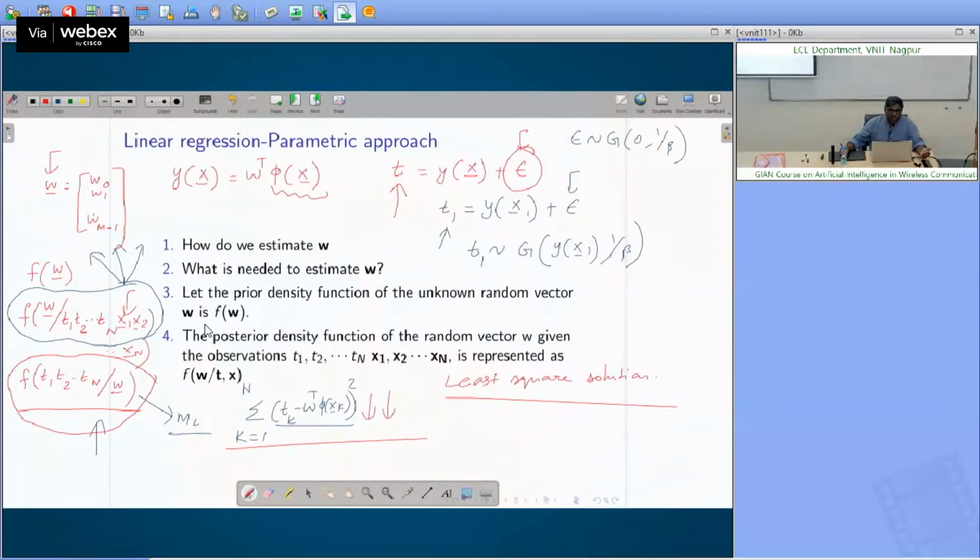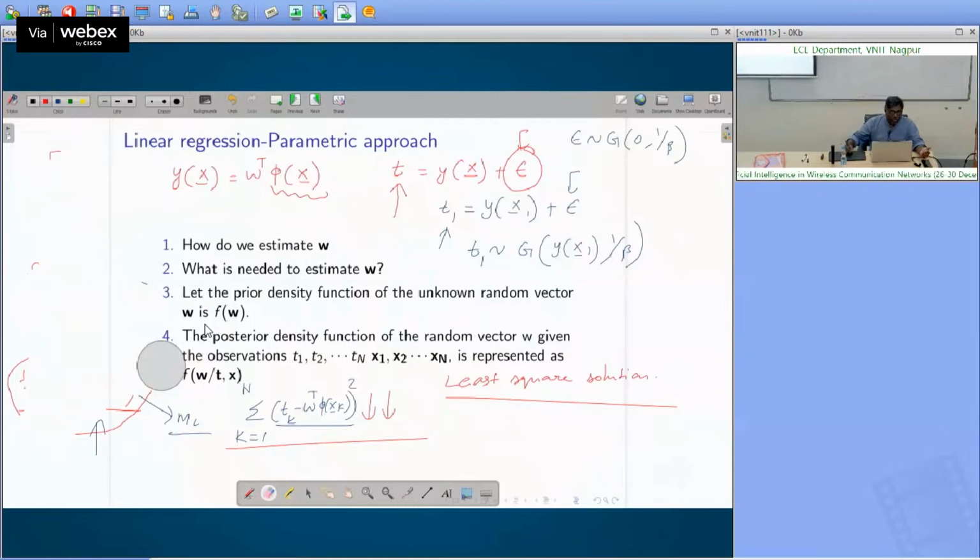So we have some observations, you are given data, and you wanted to minimize this using the least square technique. You have x1 and the corresponding t1, x2 and corresponding t2, and it goes like that up to xn and the corresponding tn. This is all the data given to you. So how to find out this w that minimizes this least square?